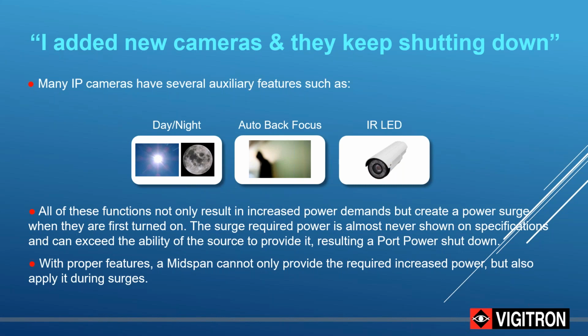When that happens, according to the IEEE standard for PoE, there's the tendency of them shutting down and remaining offline. This has to do with the amount of surge power that's required when we activate auxiliary features such as day, night, LED, PTZ, etc.